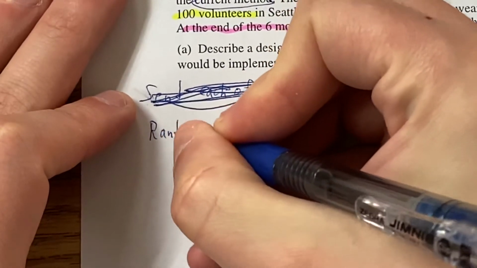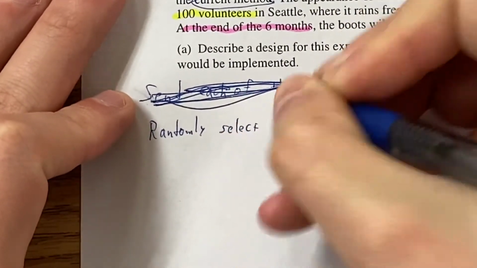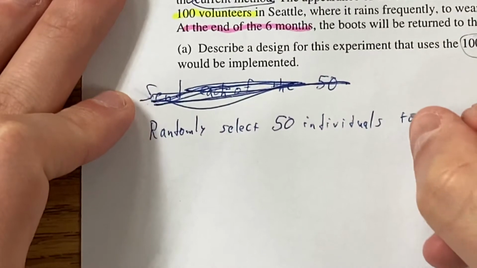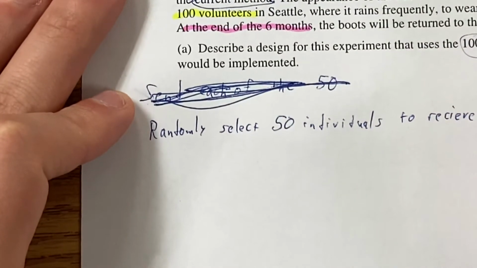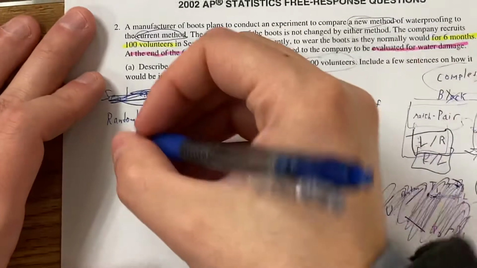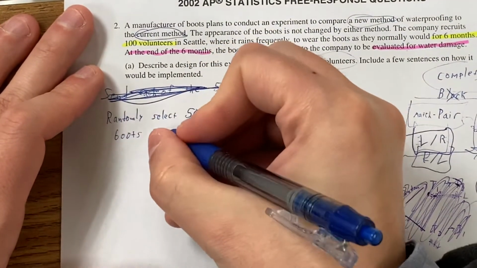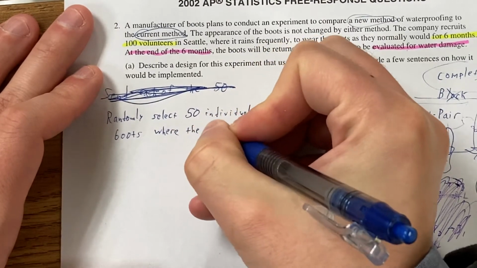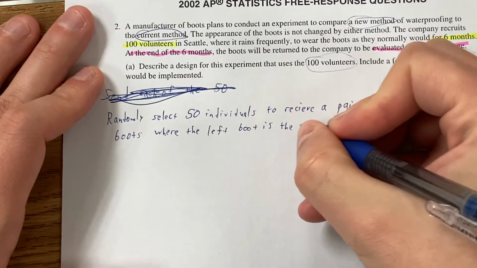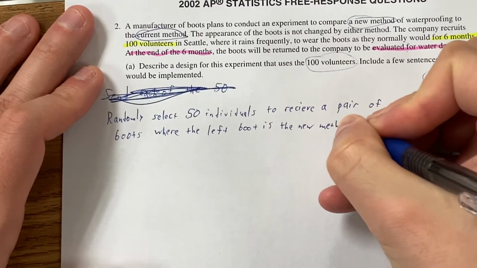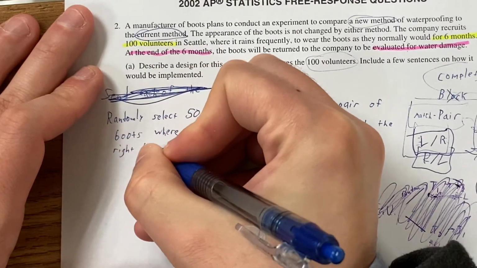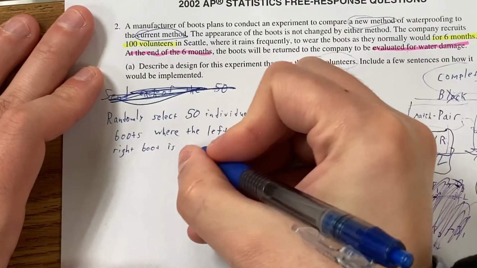So randomly select 50 individuals to receive a pair of boots where the left boot is the new method and the right boot is the old method.